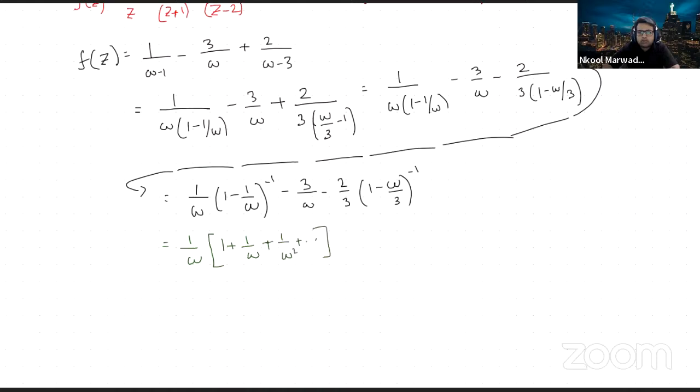Minus 3 by omega, minus 2 by 3. And here also all the terms will be positive: 1 plus omega by 3 plus omega square by 9 and so on.